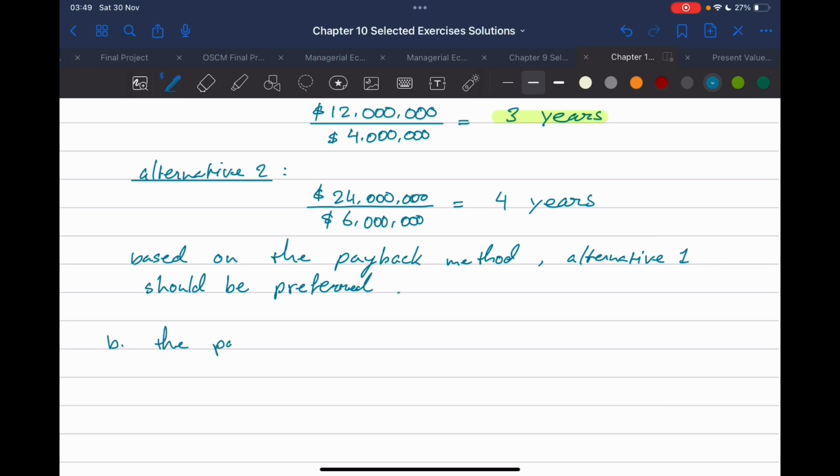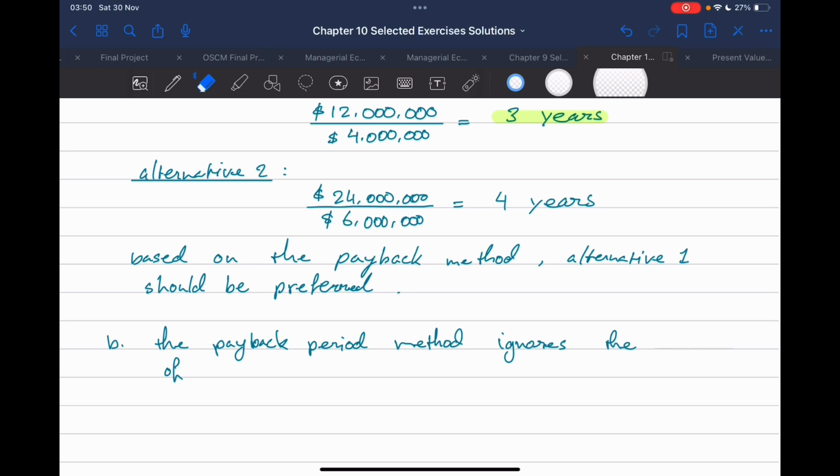It doesn't really have a certain structure, but you can say something along the lines that the payback method, or the payback period method, ignores the duration or the life of the investment. Let's call it the life, better here.